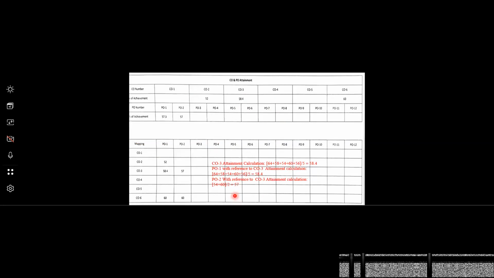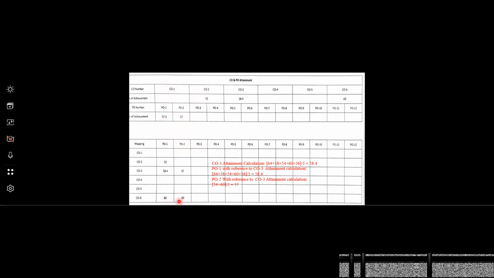See, for CO1, course outcome 1, there is no program outcome mapped. You can see the data from the previous slide. But PO1 is mapped to CO2 and CO3, and PO2 is mapped to CO3. That's it. Okay, and PO1 is also mapped to CO6, and PO2 is also mapped to CO6.